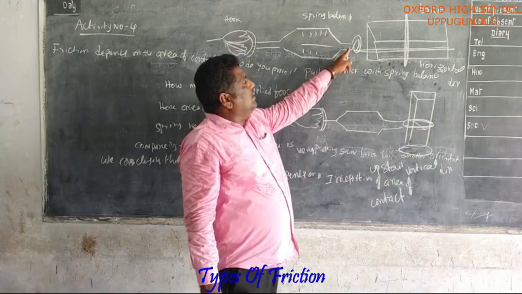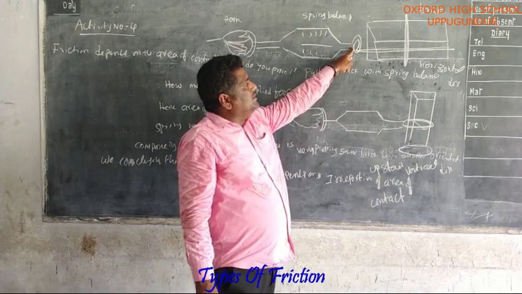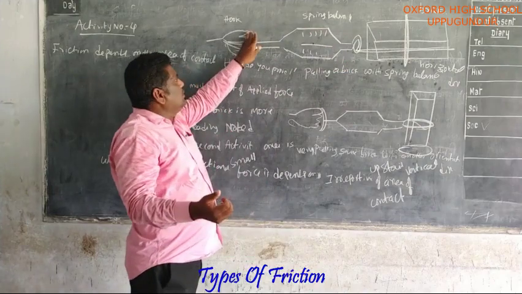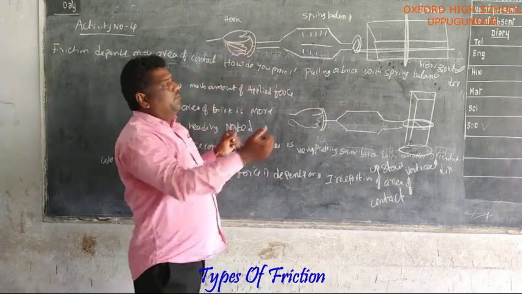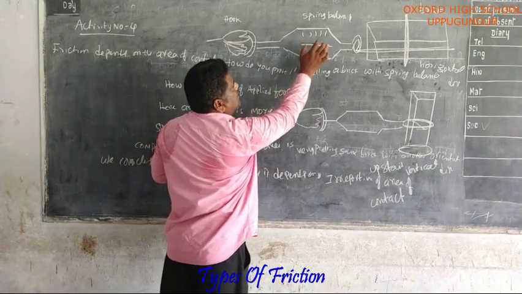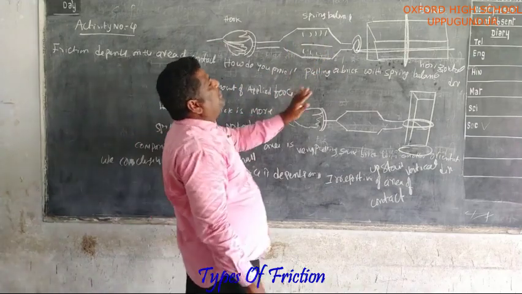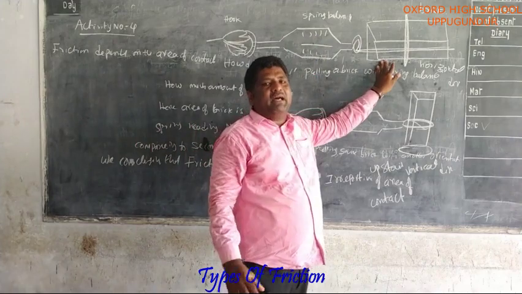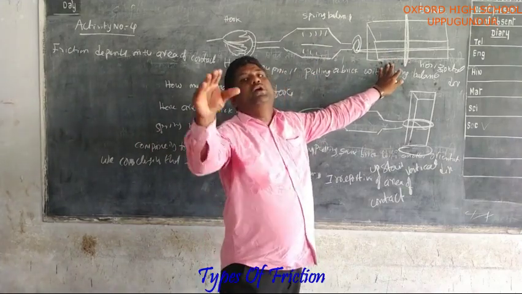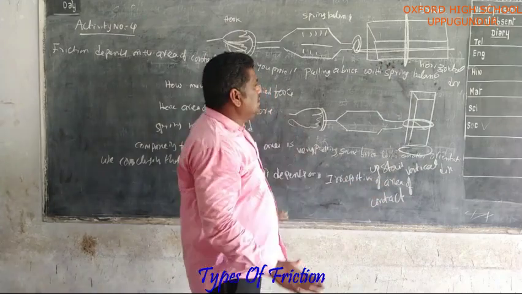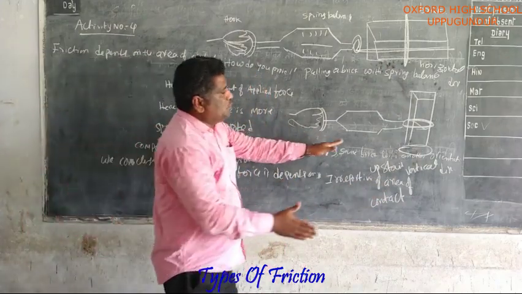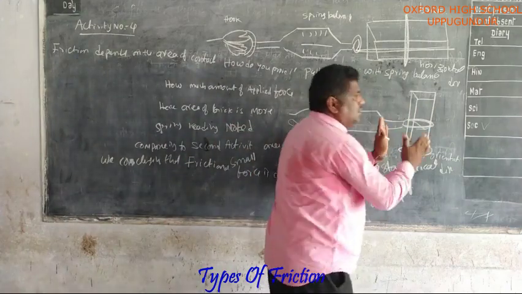Next, I will take one string and one spring balance with a hook. When we gently pull the brick, we note the spring balance reading. Here the brick occupies some area of contact, and the area of contact is very high. The same experiment we do with the brick kept in the vertical direction.